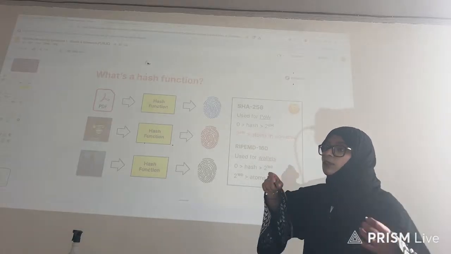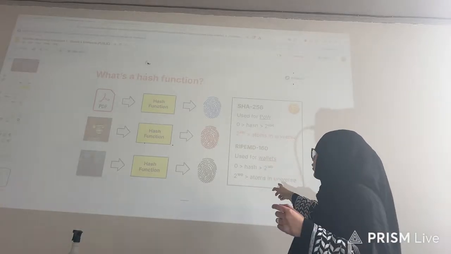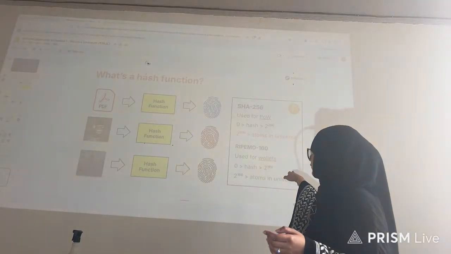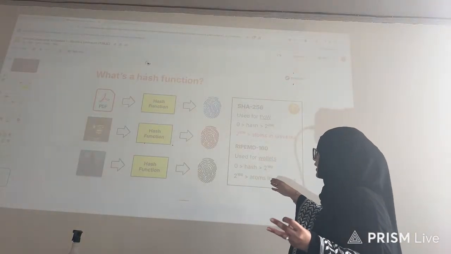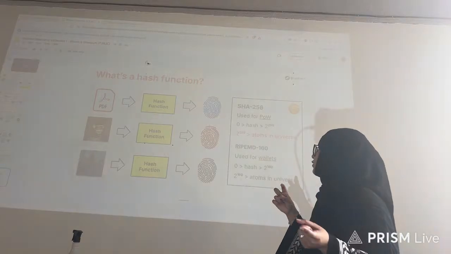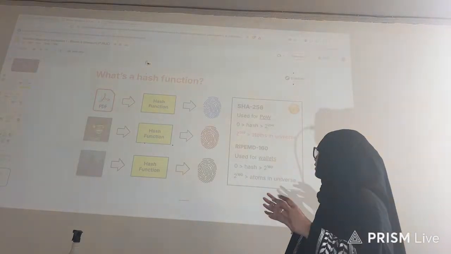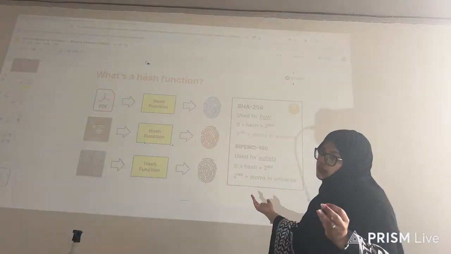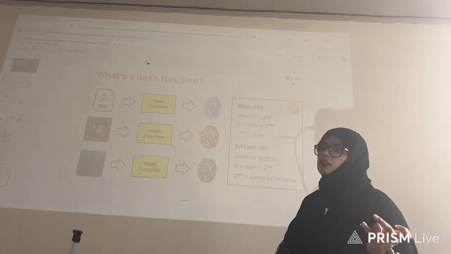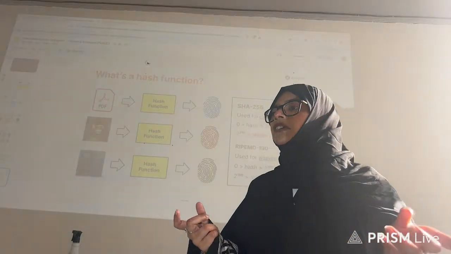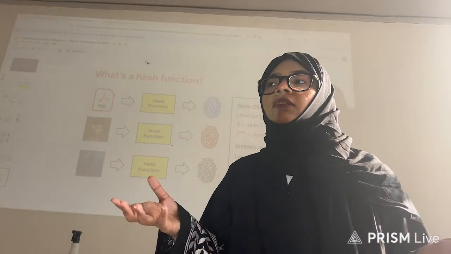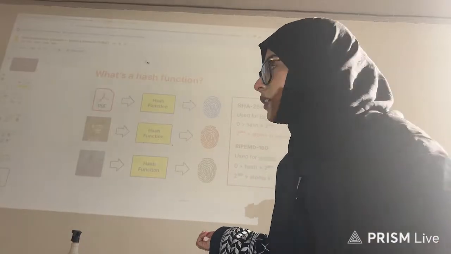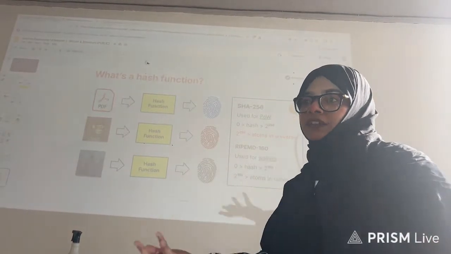That's the one used by the protocol for mining, and for wallets, RIPEMD-160 is used, which is anywhere between 0 and 2 power 160, which is again more than the atoms in the universe. How do we know how many atoms there are? Science has proven there's this number of atoms in the universe, so that's why there's an estimated number.